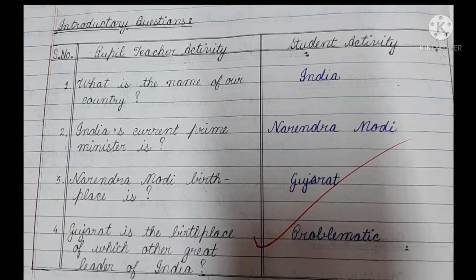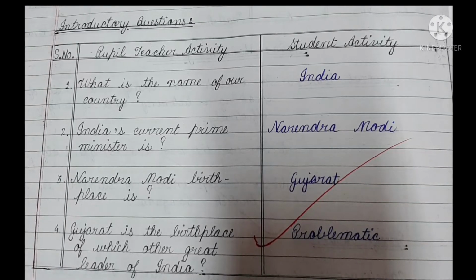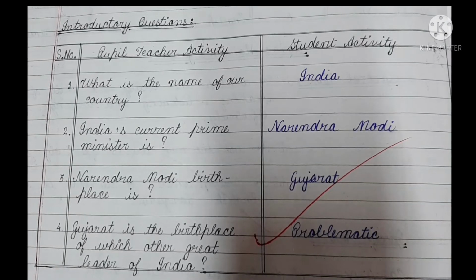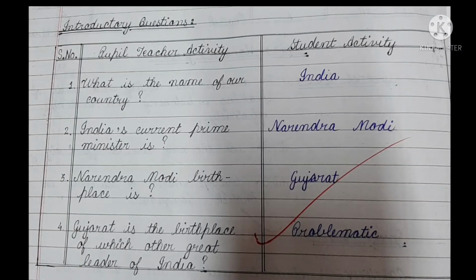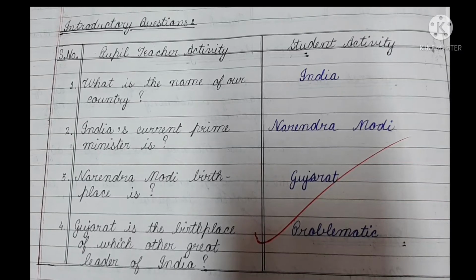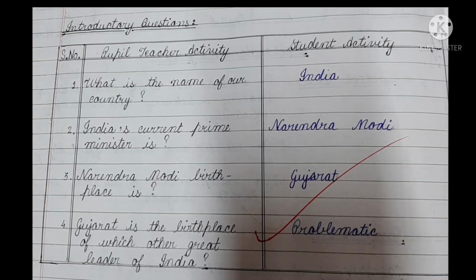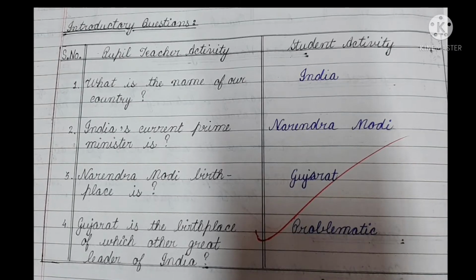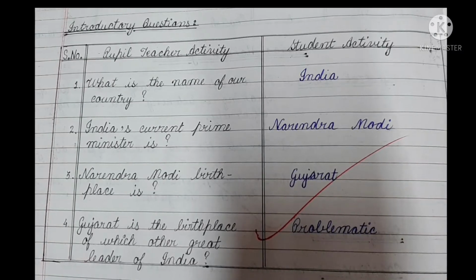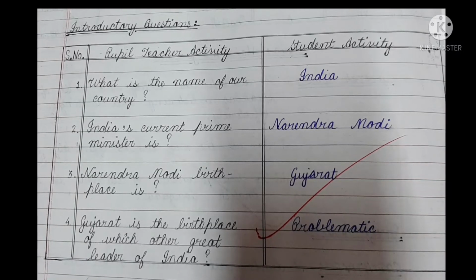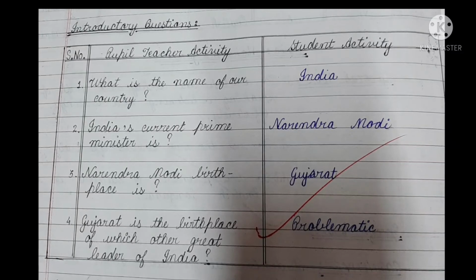They will answer India, and it can happen that they may not be able to answer, but at least 2 to 3 will be able to answer. The next one is: who is the current Prime Minister of India? They will answer Narendra Modi, or at least they will say Modi ji.